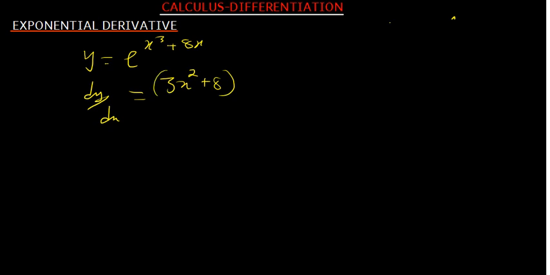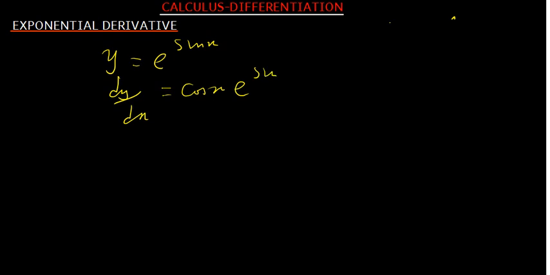And then we write the e to the power (x to the power 3 plus 8x) the way it is. Of course we're supposed to take natural log of e, but this is 1, so we don't put that. So this is the derivative, and we shouldn't forget to put the brackets here, because if we don't put them, then what we have found means a different thing.